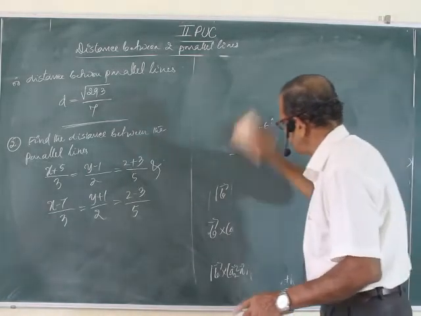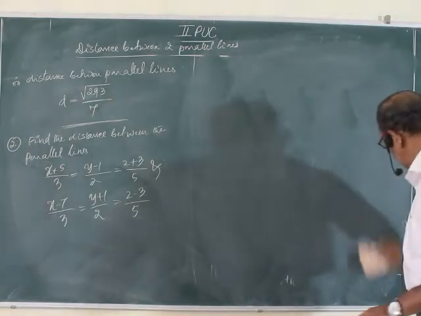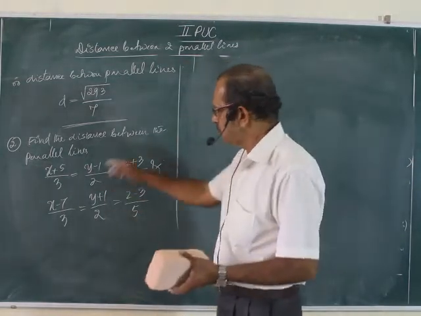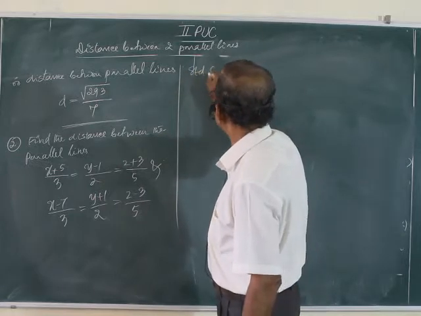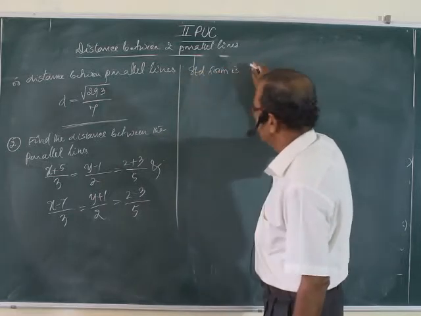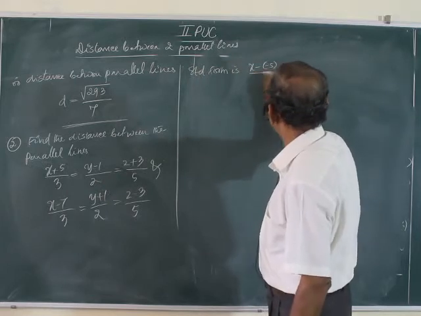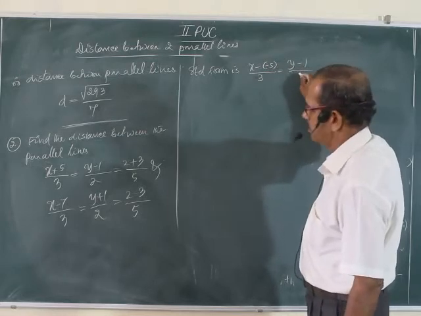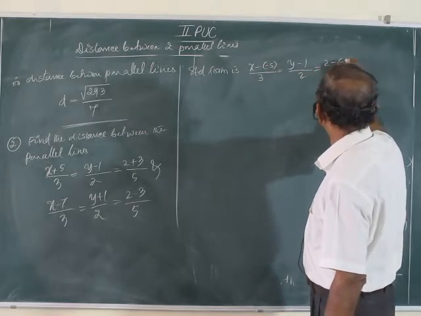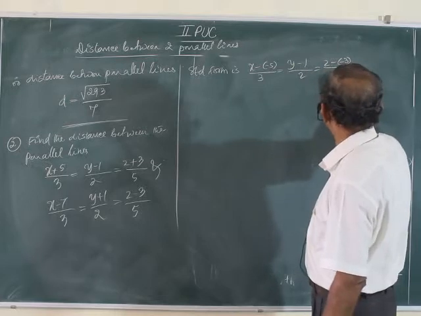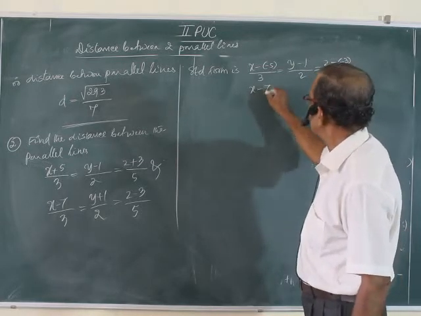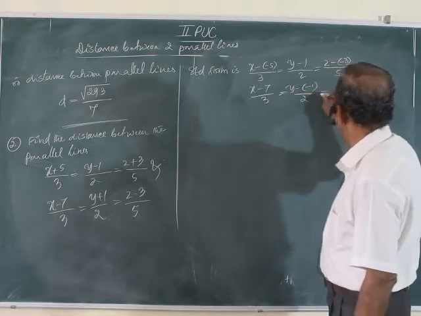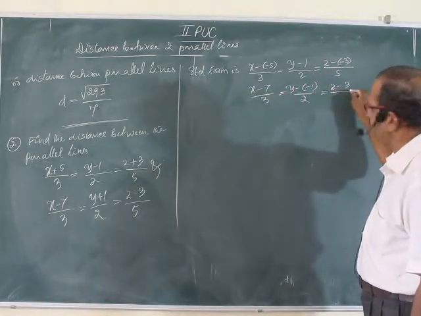Now let me write vector a1 and a2 now itself in order to avoid the confusion as in the previous problem. So here standard form is x minus of minus 5 by 3, y minus 1 by 2, z minus of minus 3 by 5, and x minus 7 by 3, y minus of minus 1 by 2, z minus 3 by 5.